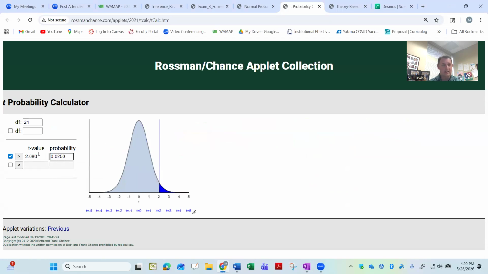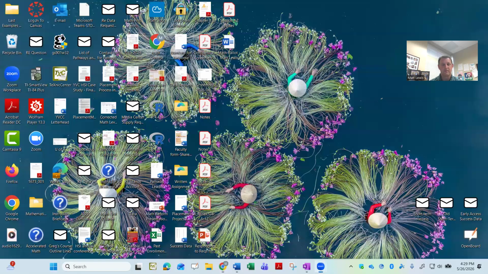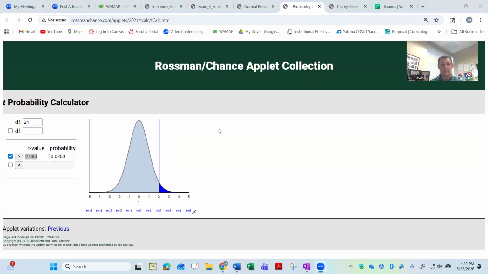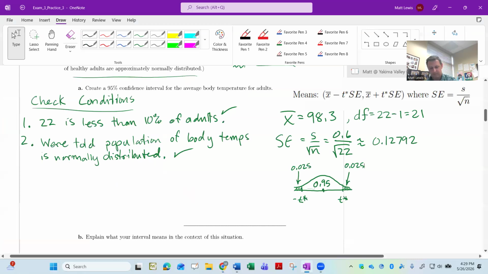And then it tells me that my T value that accomplishes that, giving me exactly 0.025 to the right in this tail, is a T value of 2.080. That's T star.